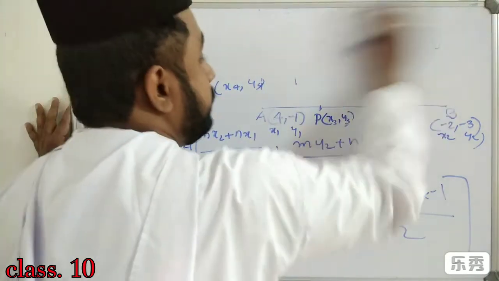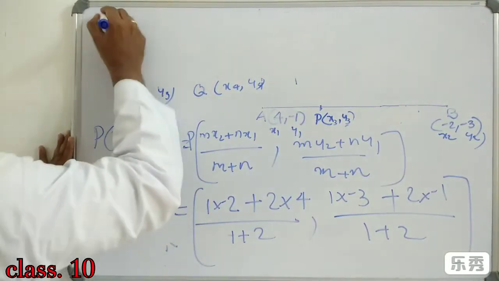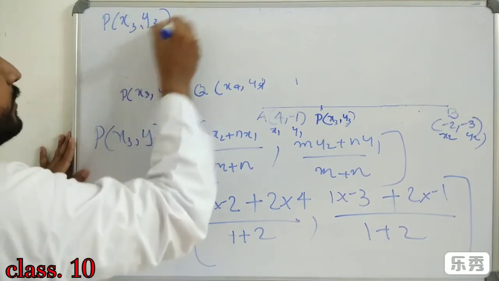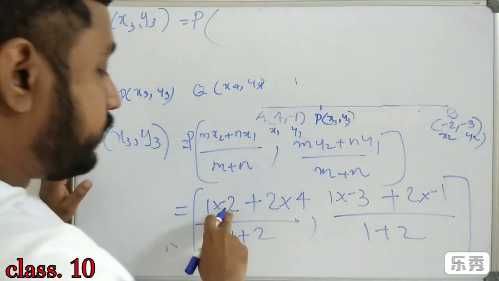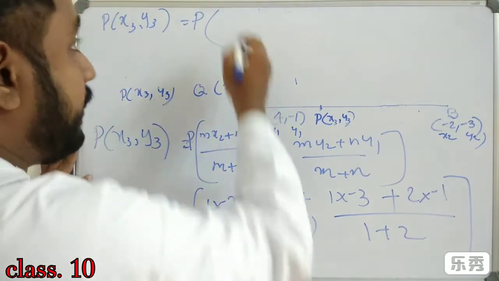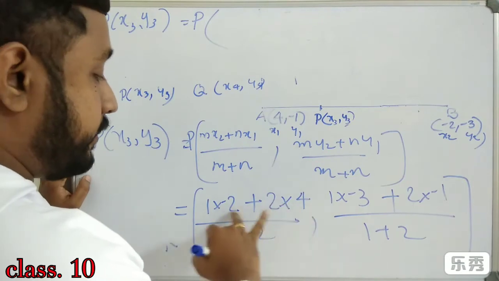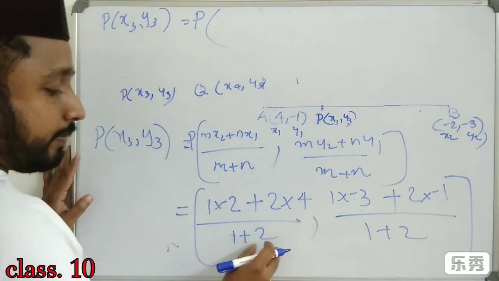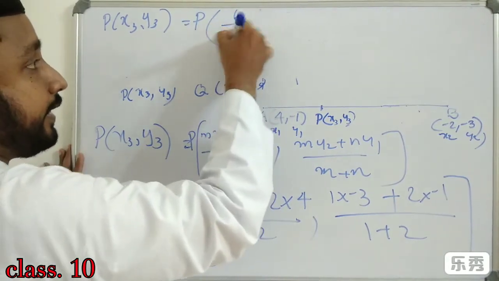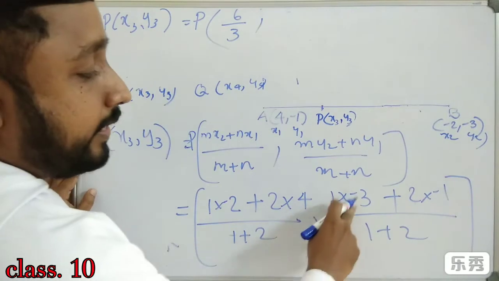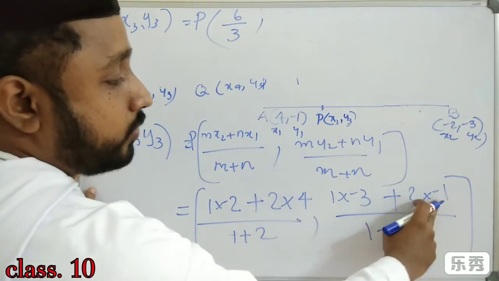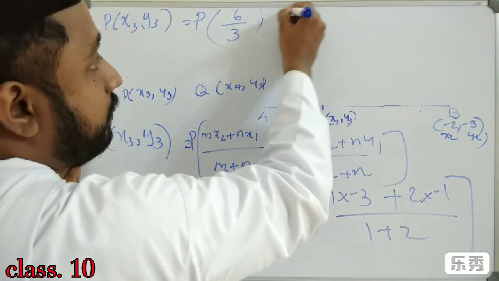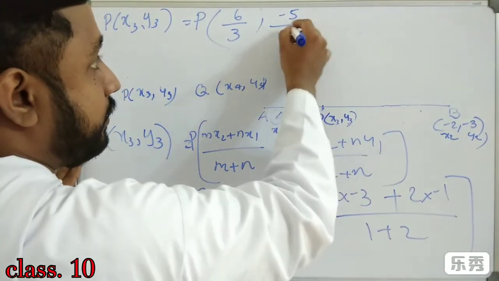Which is equal to P (x3, y3), which is P of 1 into -2, -2 plus 2 into 4, 8. -2 plus 8 means plus 6, 6 by 1 + 2, 3, so 6 by 3, comma 1 into -3, -3, 2 into -1, -2, -3 plus -2, -5, by 3.